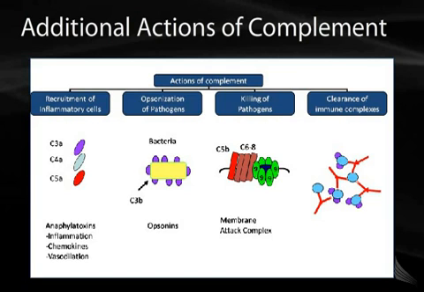Immune complexes are antigen-antibody complexes which are found in the blood, where we have soluble antigen being bound by antibodies, forming this sort of web or tumbleweed, if you will. The complement can bind to these immune complexes, and then through activating different phagocytes like neutrophils and macrophages, cause the breakdown of those immune complexes. So those are other types of actions that complement has.